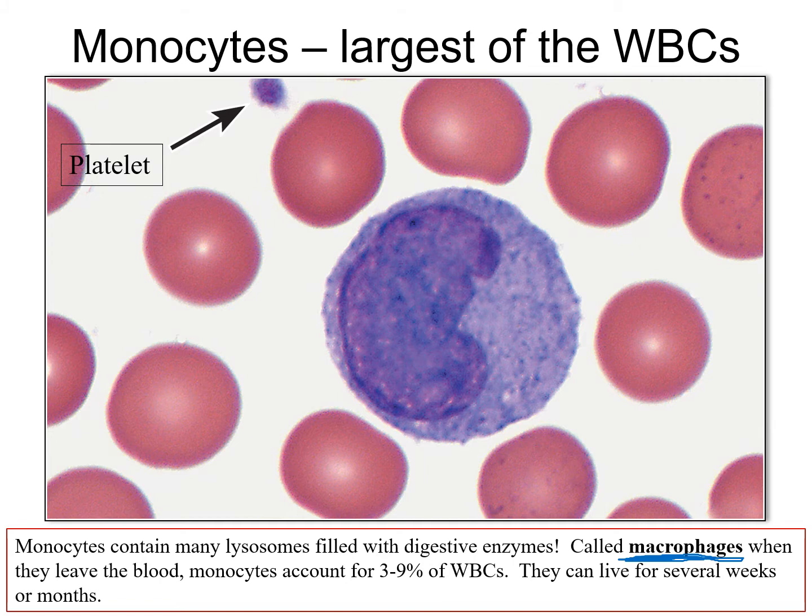And so they're really, really important in helping to basically knock out bacteria, virally infected cells, that kind of thing. They make up about 3 to 9% of circulating white cells and actually can live for months or several weeks. So they have a much longer life expectancy than the average white cell.